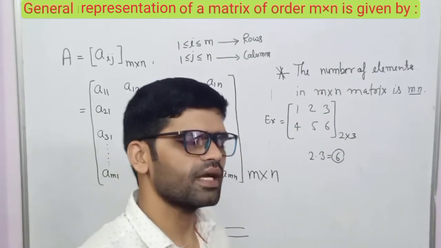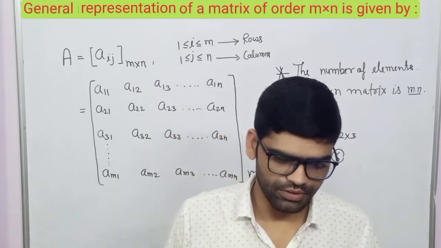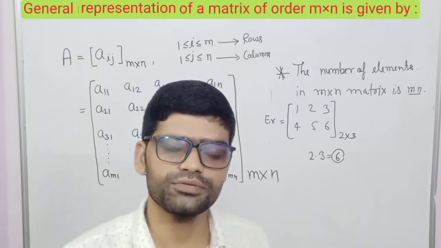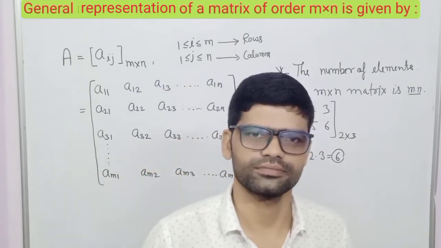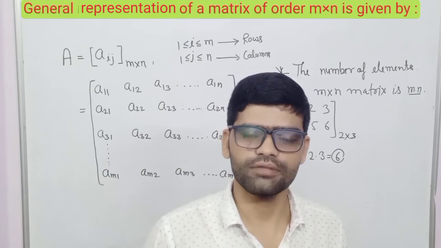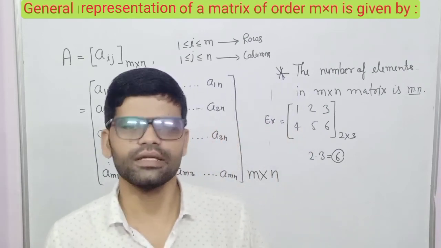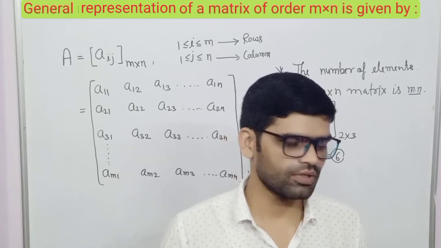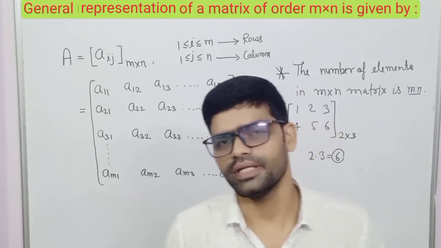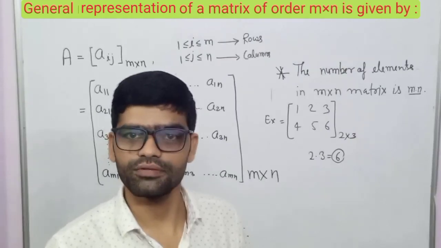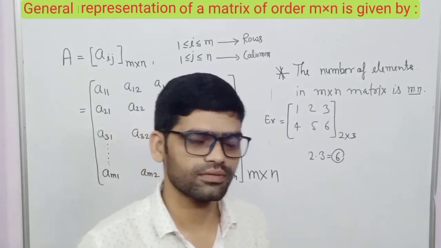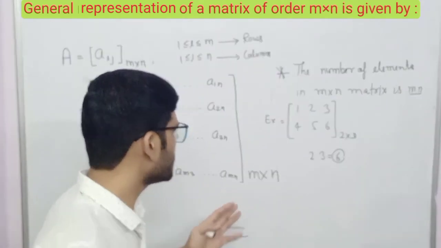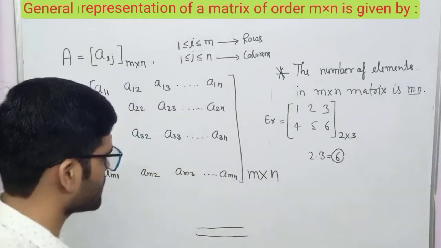If we write any random matrix and we say that the order of the matrix is 5 cross 6, then how many elements in this matrix? So you can find that the number of elements in a matrix is m into n, where m represents rows and n is columns. So multiplication of the number of rows and number of columns.